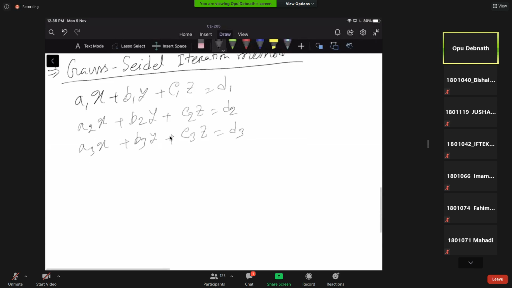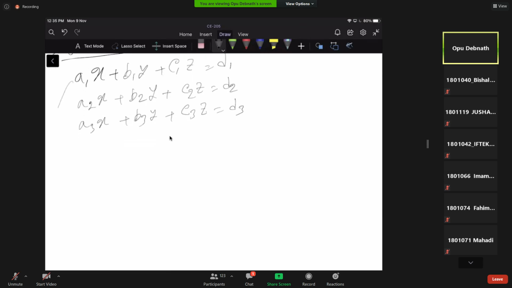We can rewrite these equations as x is equal to 1 by a1 of d1 minus b1y minus c1z.